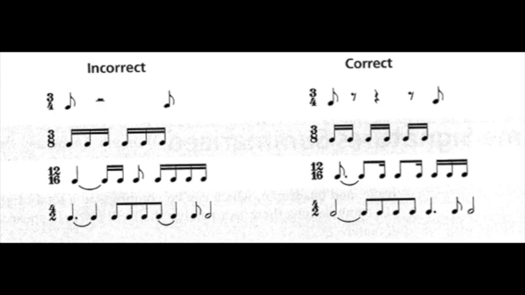You can see other examples here, but try to remember that we try to complete the beat. Of course, it is correct to notate rhythms so as to obscure the metric accent when that is the desired result.